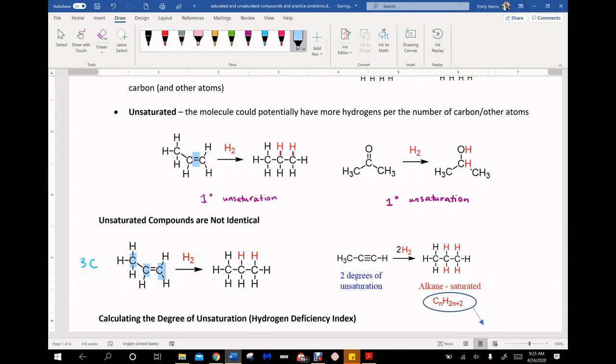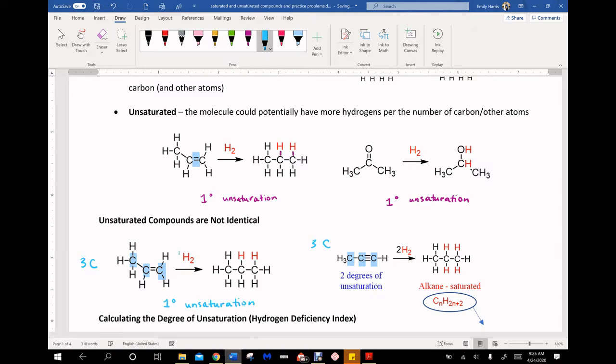And on the right, we also have an unsaturated compound with 3 carbons as well. But here's where the difference is going to come into play. This first compound only has 1 degree of unsaturation due to that double bond.